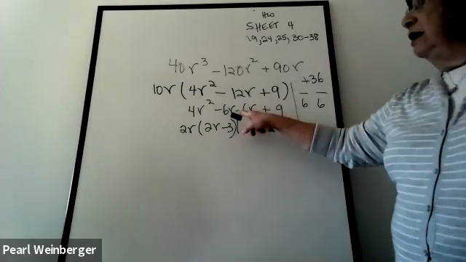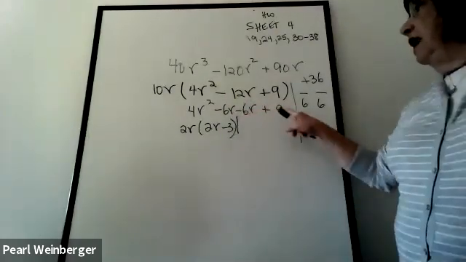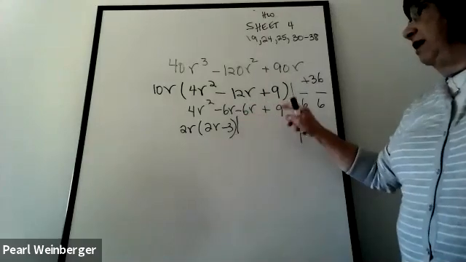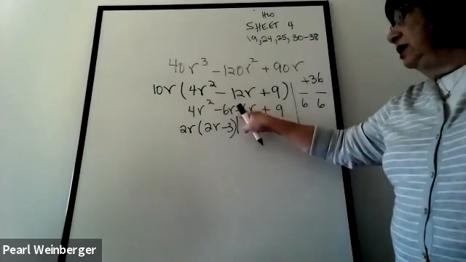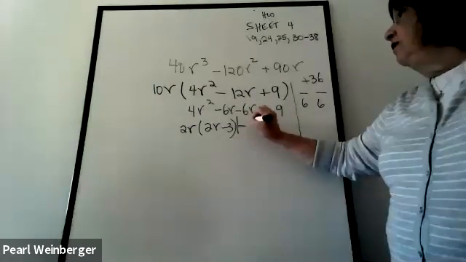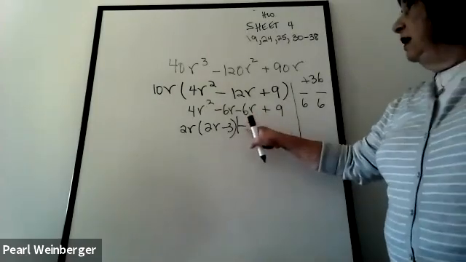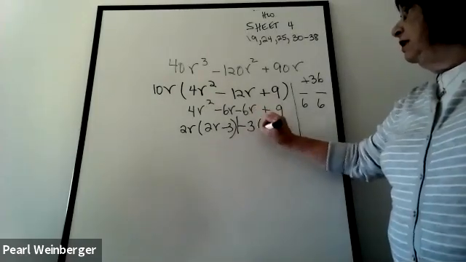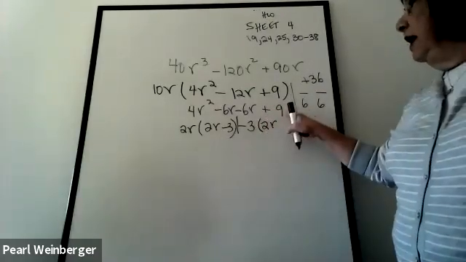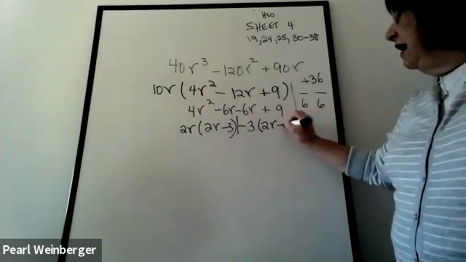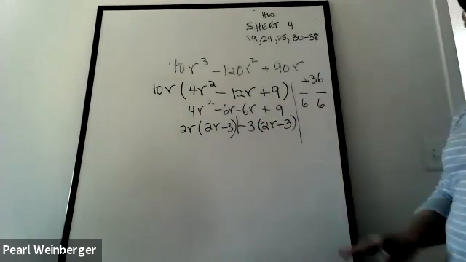Okay, then I take my second group, which is negative 6r plus 9. And there is a common factor. 6 and 9 have a common factor of 3, but since the leading coefficient here is negative, a negative 3 is my common factor. And negative 3 into negative 6r is positive 2r. And negative 3 into positive 9 is negative 3, because a positive divided by a negative is negative.